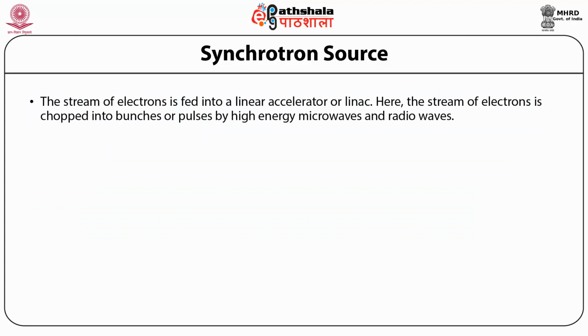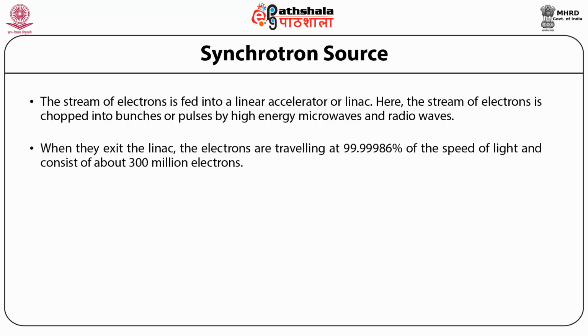The stream of electrons is fed into a linear accelerator or LINAC. Here, the stream of electrons is chopped into bunches or pulses by high energy microwaves and radio waves.